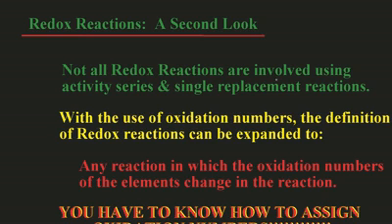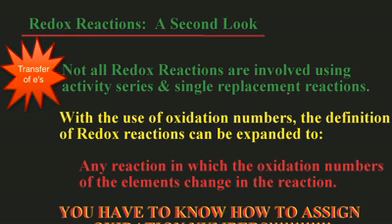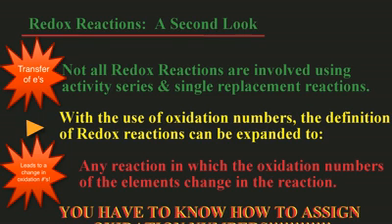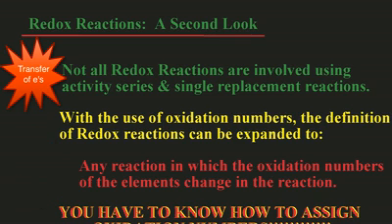Today we're going to look at redox reactions, but from the point of view of oxidation numbers. Not all redox reactions are involved using those activity series and the single replacement reactions we studied earlier. With the use of oxidation numbers, we're able to keep track of the electron movement and determine if a redox reaction did occur.